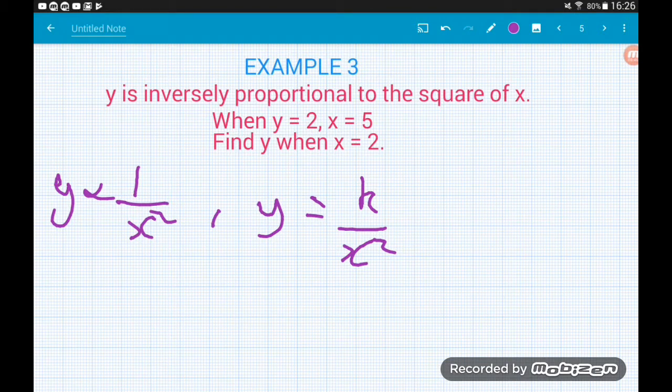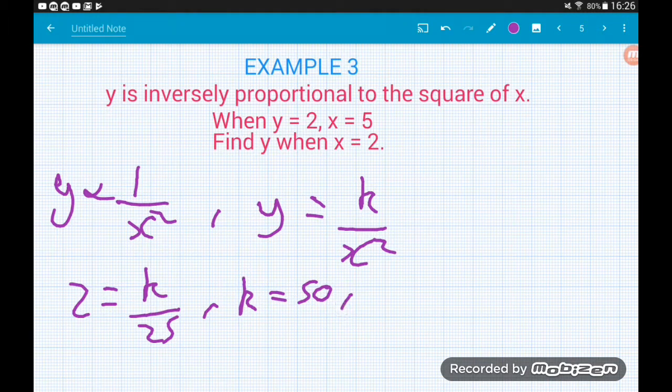Let's substitute that in. So when y equals 2, we get 2 equals k over 5 squared, which is 25. Therefore, if we multiply 2 by 25, we get k is equal to 50. And then we know our exact formula linking y and x. y is equal to 50 over x squared.